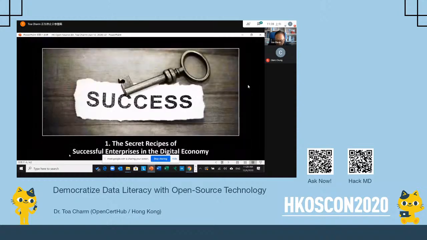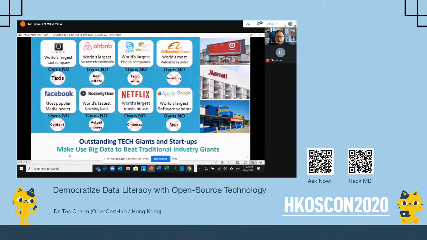The first thing we're going to talk about is the secret recipe. The secret recipe of today's enterprises is very different from, say, 5 or 10 years ago. Look at the most successful companies in the world right now, meaning the highest value-added companies.